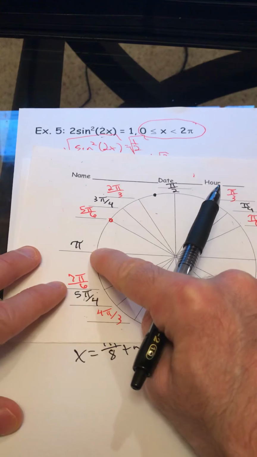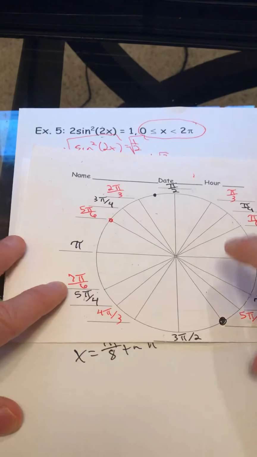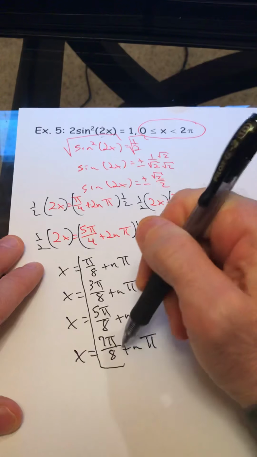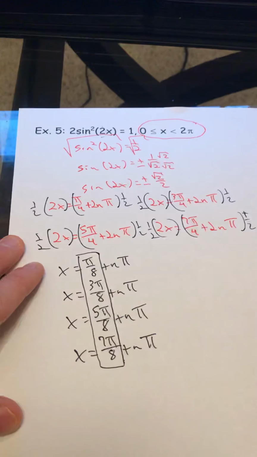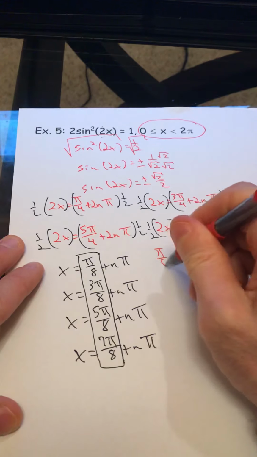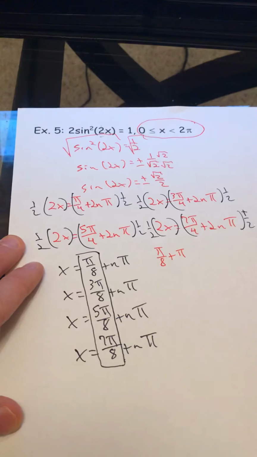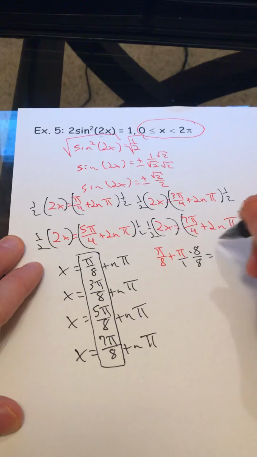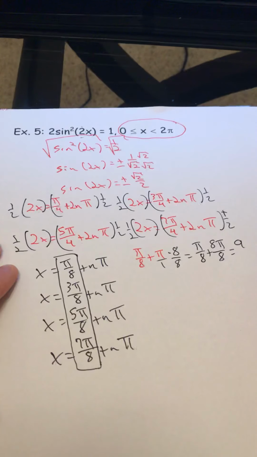Now we're going to have to add pi to each of those to get the second answer. So I am going to box in these 4. Now I'm going to take pi over 8 plus pi, which, getting a common denominator, is pi over 8 plus 8 pi over 8, which is 9 pi over 8.